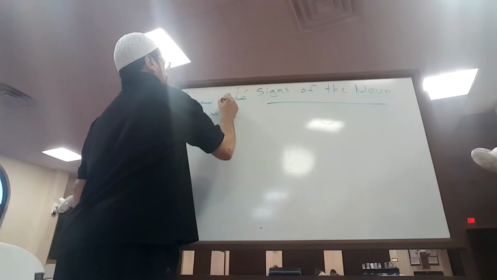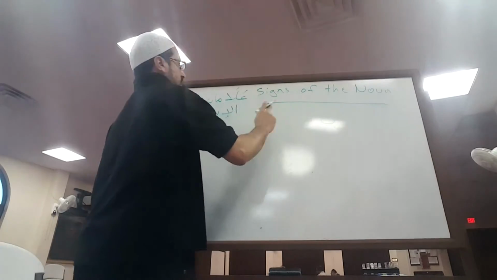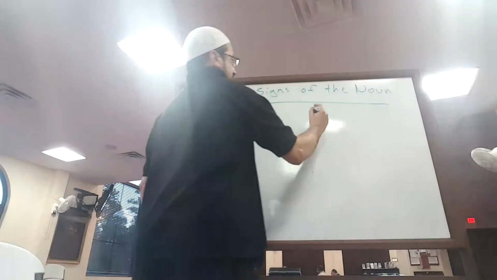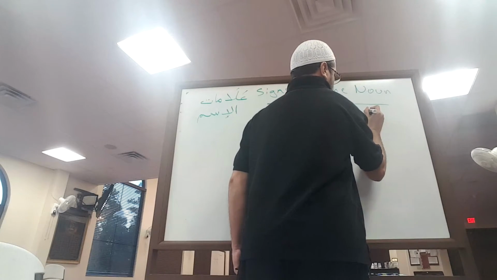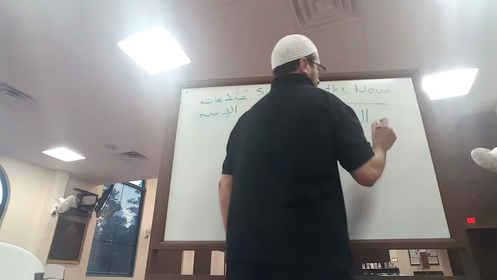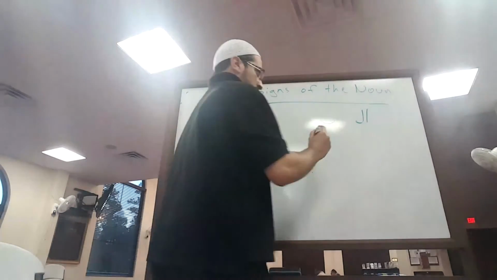Because okay, so this is signs of the noun, and here there are three. One is that alif and lam can enter it. Like for example the word bait.